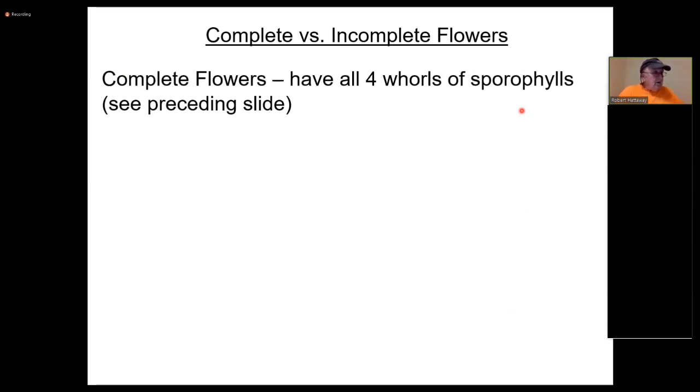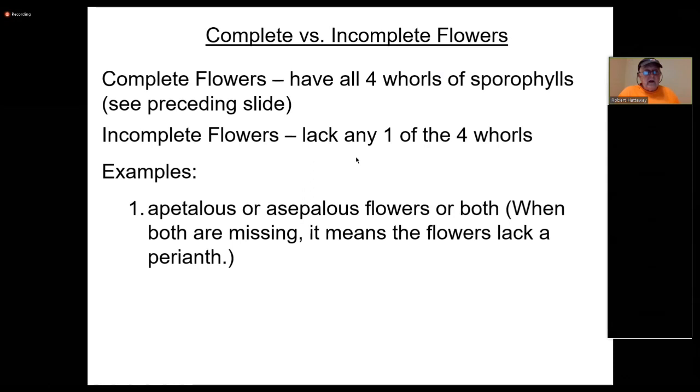All right, now, complete versus incomplete flowers. Complete flowers have all whorls of sporophylls, all 4 of them, like the preceding slide. Incomplete flowers lack any one of those whorls. Could lack sepals, could lack petals, could lack the andrecium, or lack the gynecium.